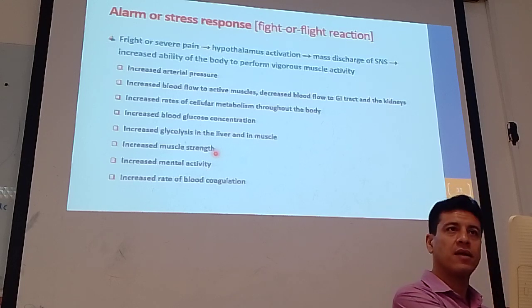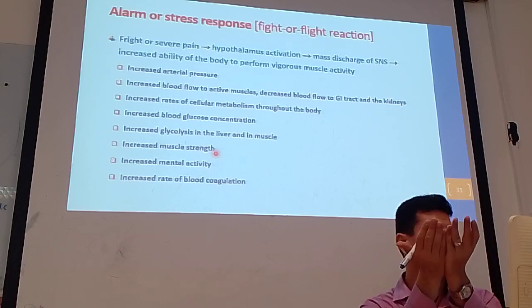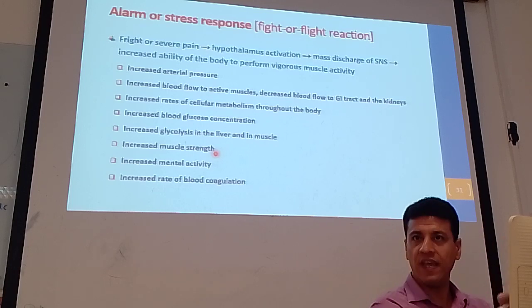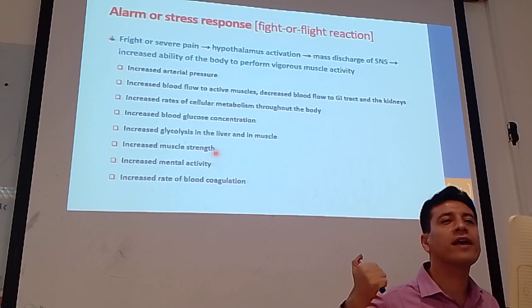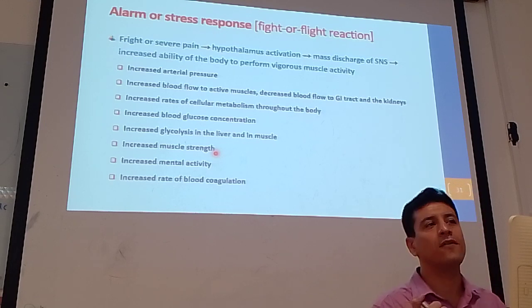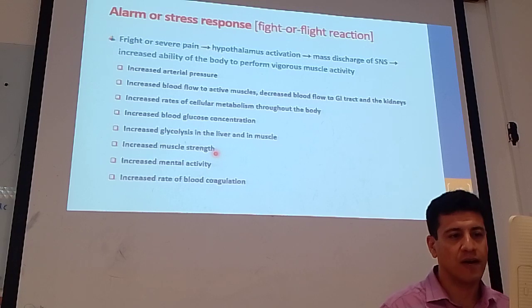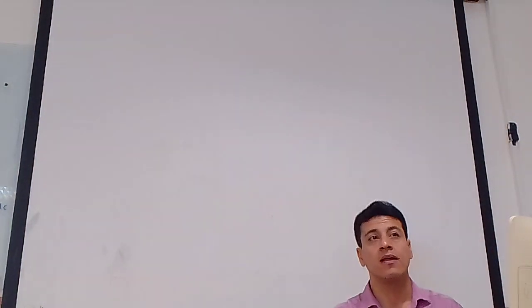Stress can activate the entire sympathetic nervous system, and it can do all of these, so the person is very ready for fight or flight. So we call this the fight or flight reflex. That was all about the sympathetic and parasympathetic nervous system. You can ask your questions now.